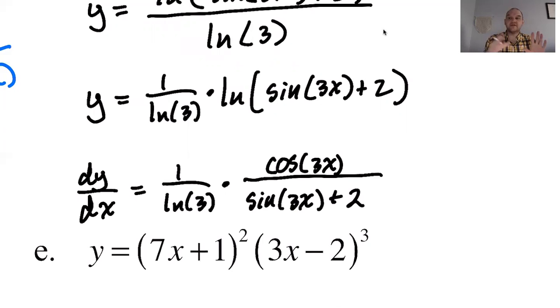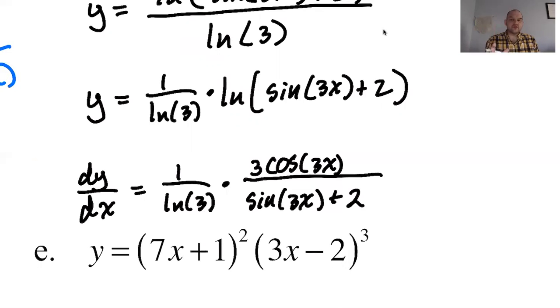The thing in question here is 3x, so the derivative of sine of 3x is cosine of 3x times 3. The 3 comes from the derivative of 3x. I'm going to put it here because I feel like that makes the most sense. The derivative of 2 is 0.